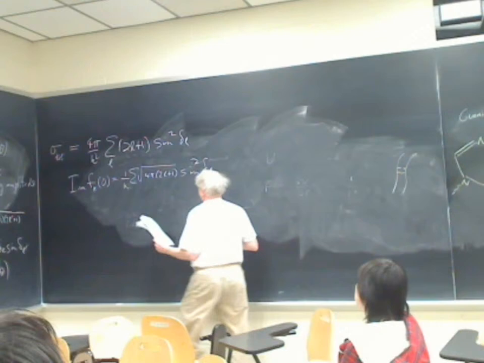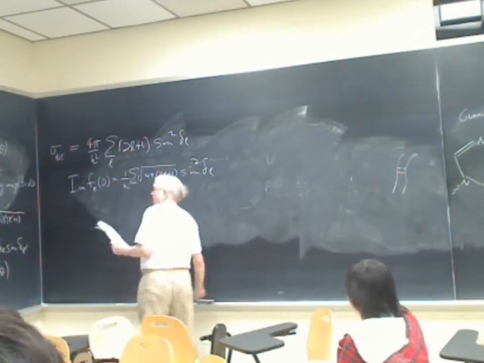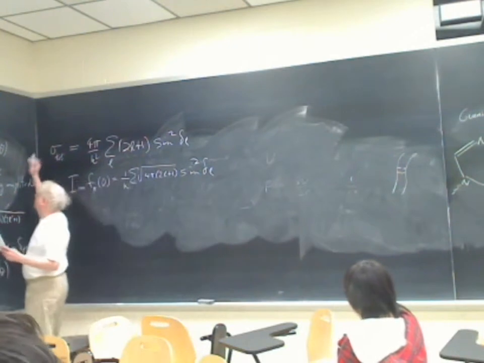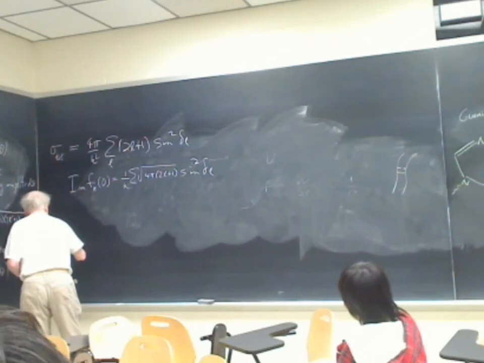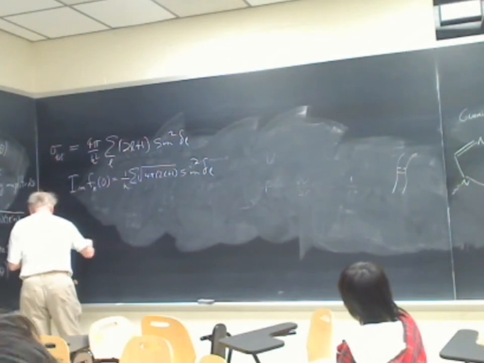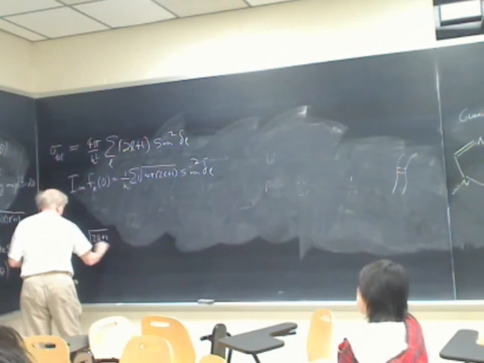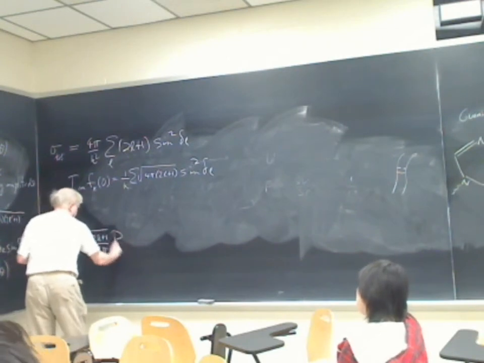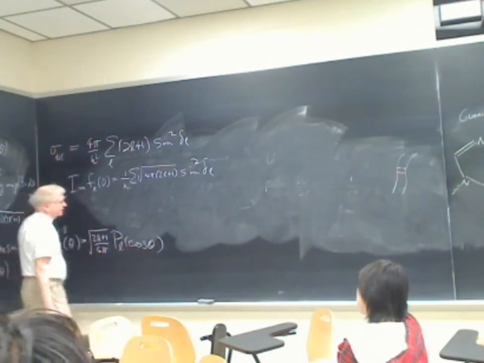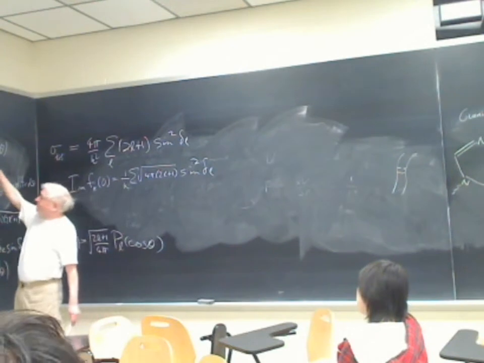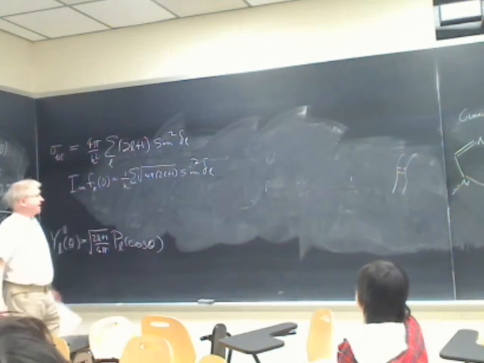In fact, remember that this Y_L0 of theta is equal to square root of (2L plus 1) over 4 pi times P_L of cosine theta. And these Legendre polynomials are real. So when you take the imaginary part of this thing, the only part that is involved is the only complex part.